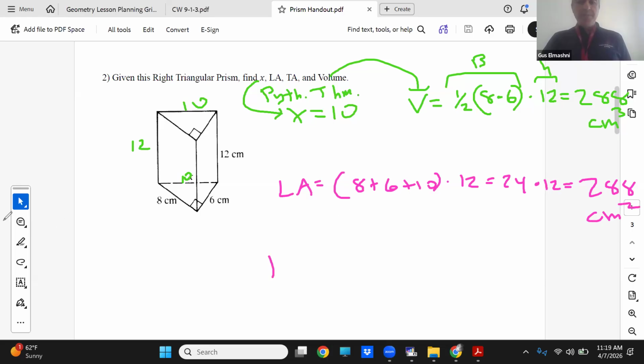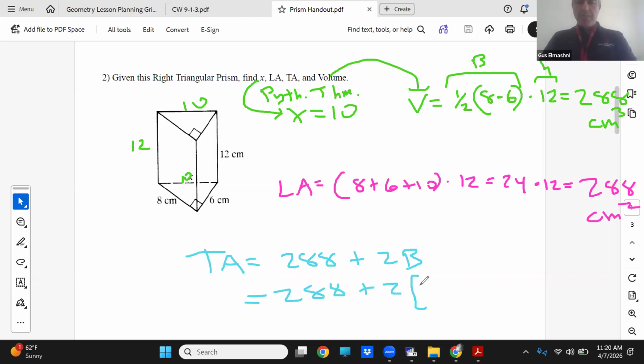And the total area is going to be the lateral area plus twice the base. Remember, the base is 1/2 times that. Should get 336.